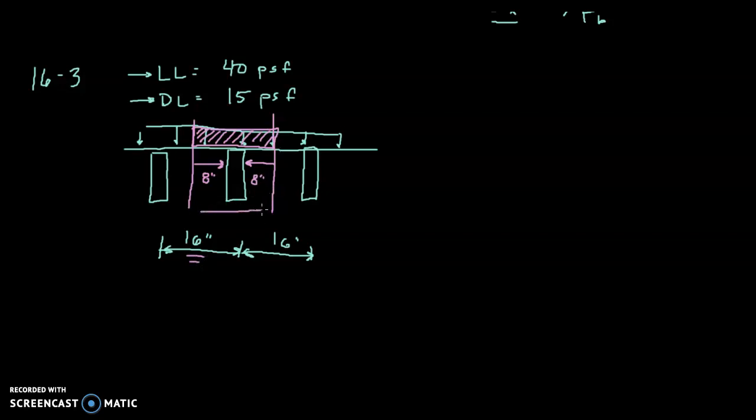So this 16-inch width here, this is called the tributary width. And it happens to be equal to the span of the joists. And it's basically just saying how wide is the strip of floor that contributes load to this particular joist.